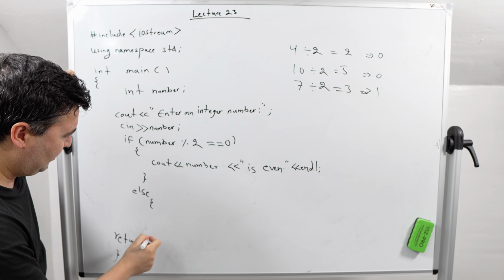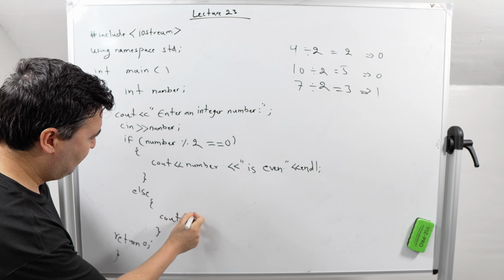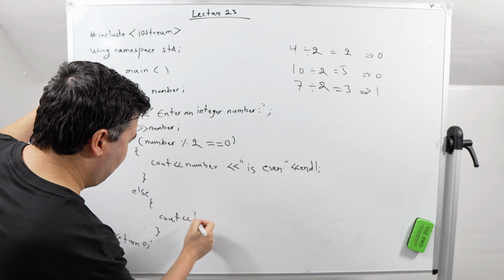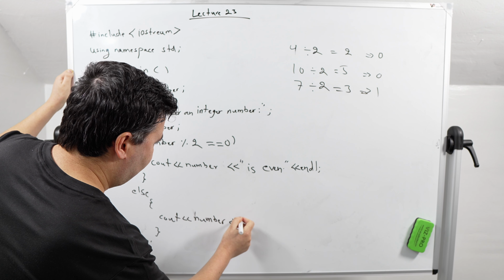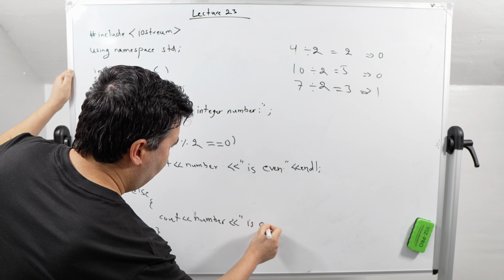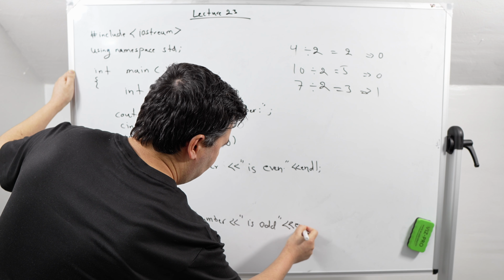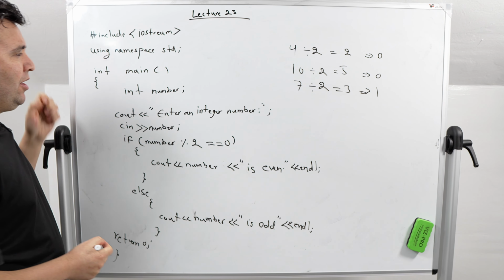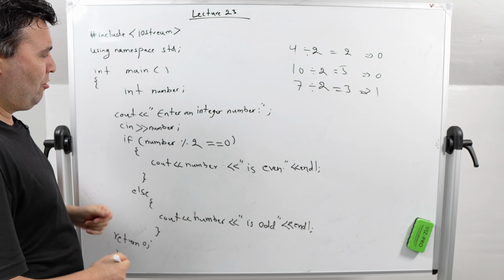In the else part, we say cout, in quotation marks, "number is odd", and endl. So this is a program which checks if the number is even or odd.